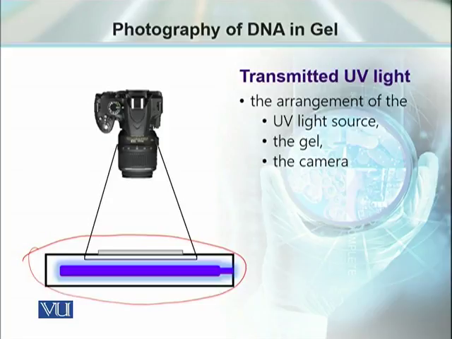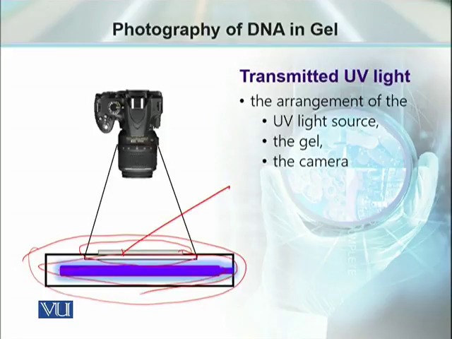This is the source of UV light, the tube which emits the UV light. Then at this position we have a transparent shield through which UV light coming from the base can pass, and this is the gel which is lying over the transparent area.